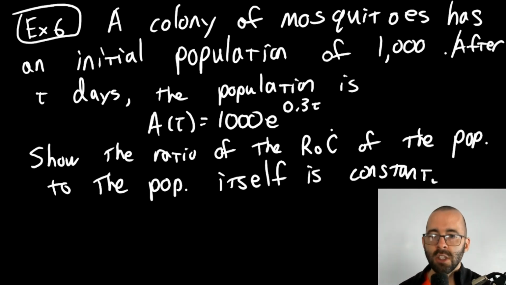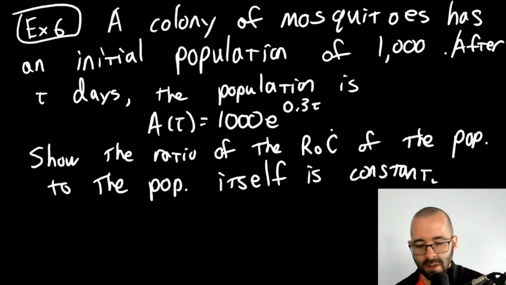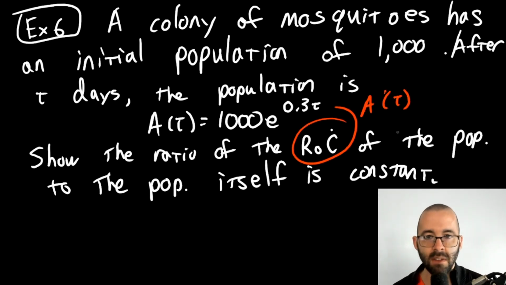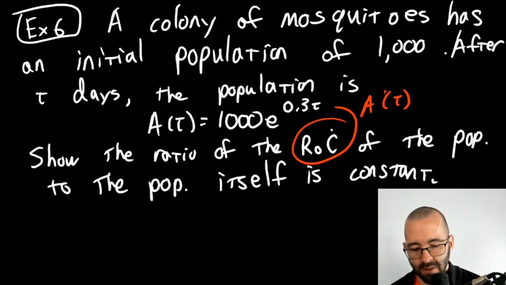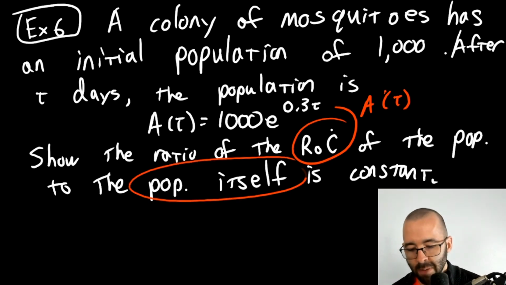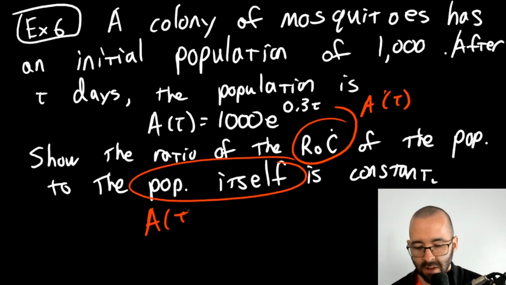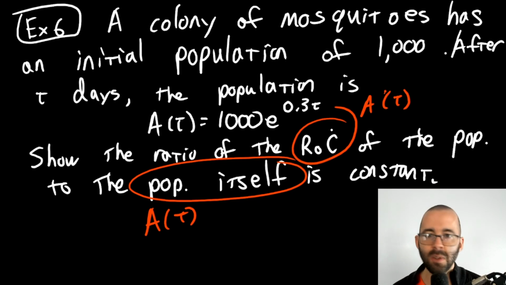What's the rate of change of this function? A prime of t. Show that the ratio of the rate of change of the population to the population itself is constant. So we just need to find the ratio of A prime to A, and show that that's equal to a constant.